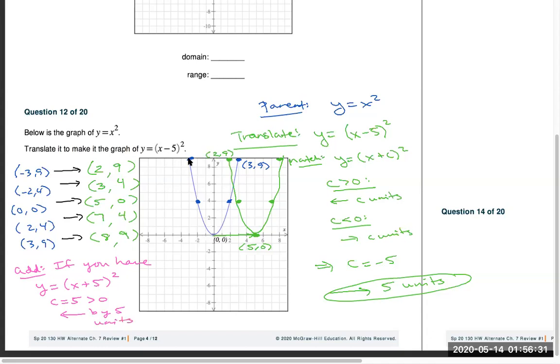So remember we had this point, -3, 9, move over by 1, 2, 3, 4, 5. Next point, and so on, moving each point over by 5.